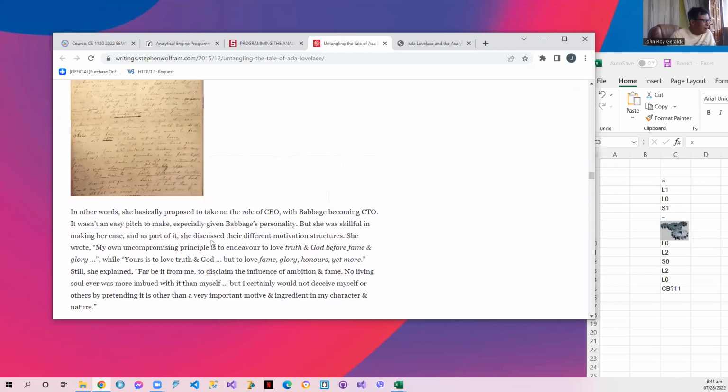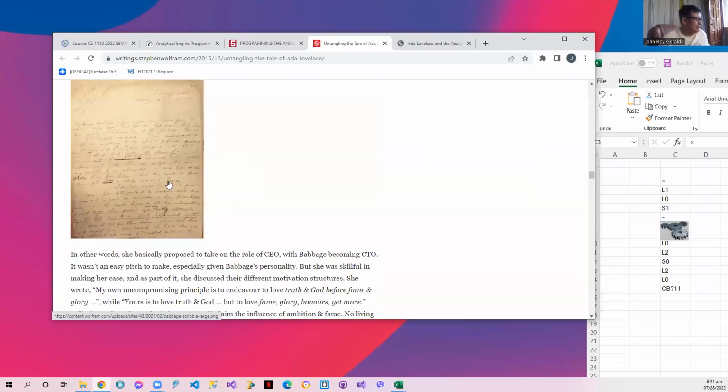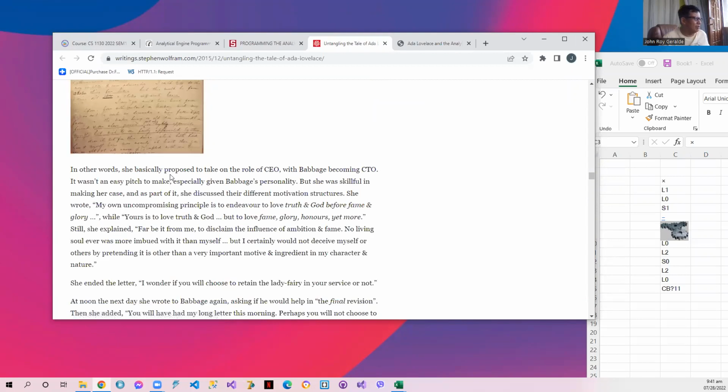This is the first letter by Charles Babbage, recognizing or thanking Ada Lovelace for recognizing his work.